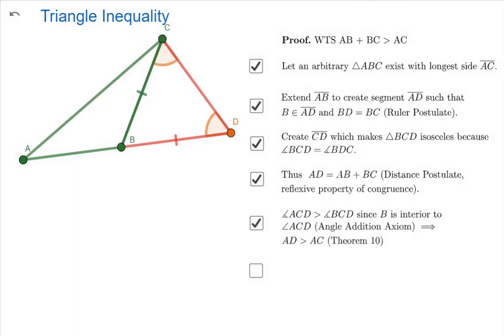Okay. Well, what does it mean that this one is smaller? Well, nothing, but the fact that it is equal in measure to this other angle helps us. Now I have this angle ADC, and I have this angle ACB, and I know that ACB has to be larger.